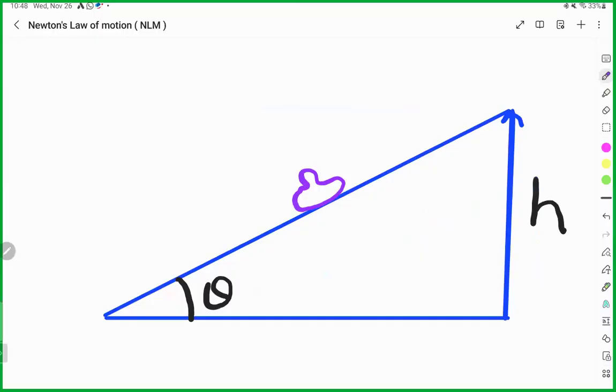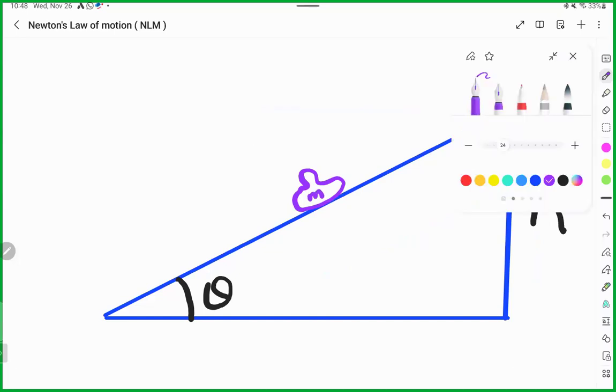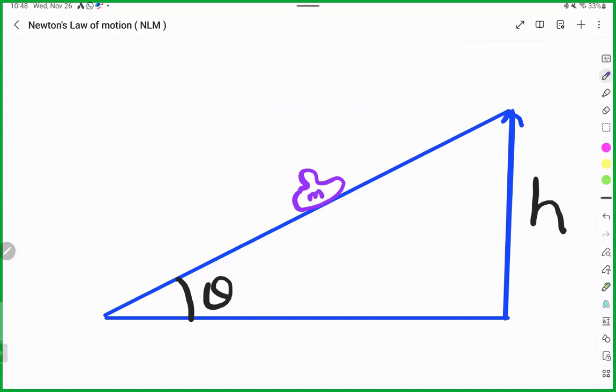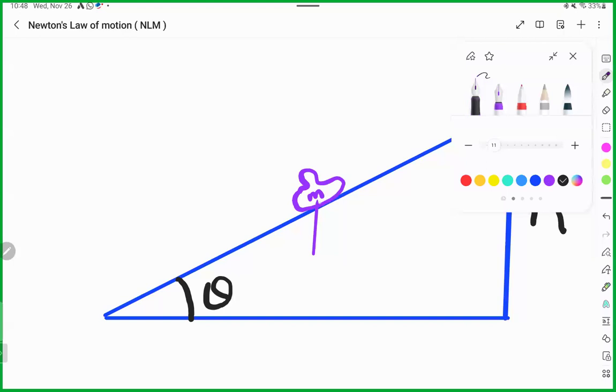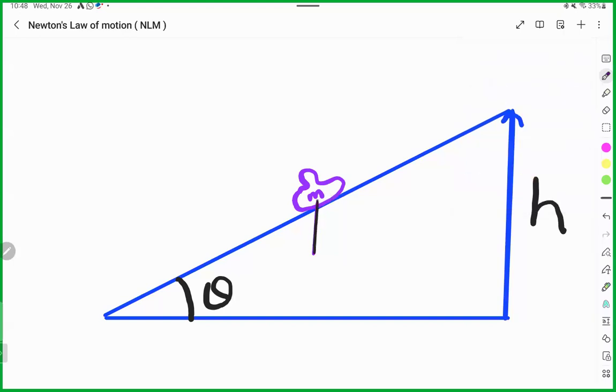Okay, so if this vehicle has mass m, what happens in this situation? Gravity always acts in the downward direction, mg.